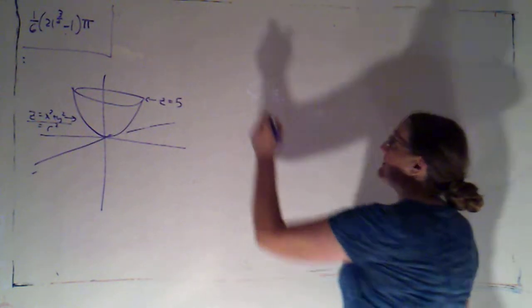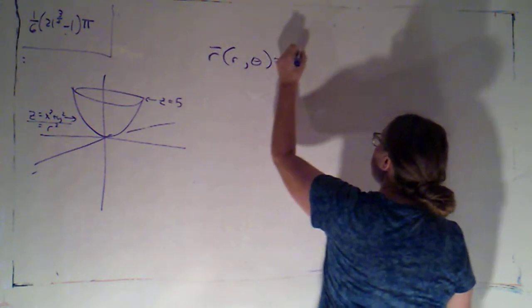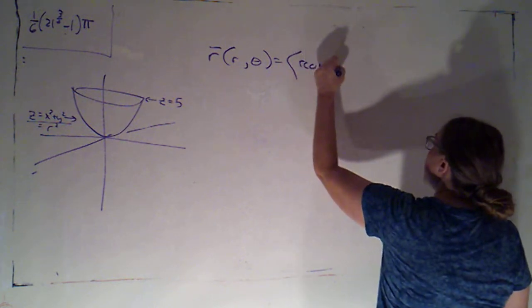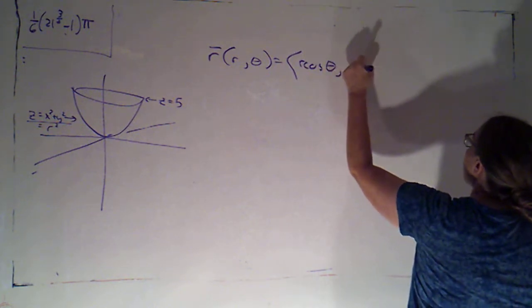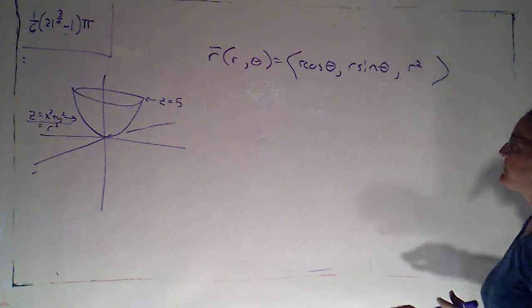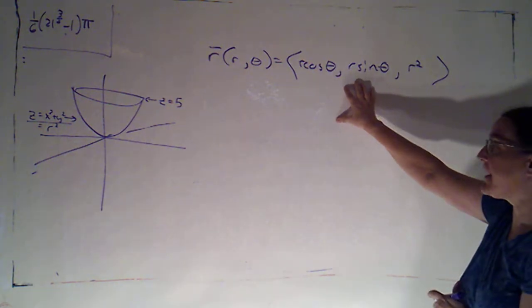Now I'm going to take advantage of the fact that z is a function of r and theta, and so I'm going to say x is r cosine theta, y is r sine theta, and z is r squared. So my parameters are r and theta.